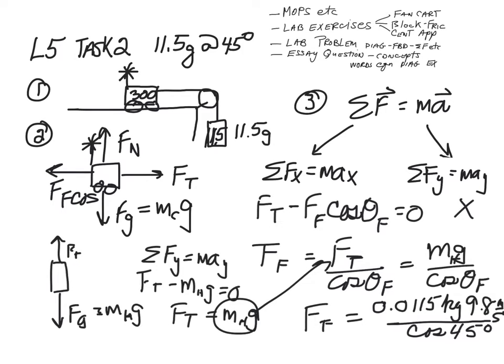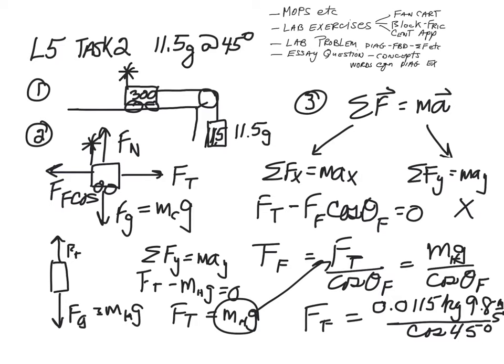It's getting a little messy, but the mass is 11.5 grams, so it has to go in as 0.0115 kilograms, times the 9.8 meters per second squared. Notice I'm writing the units. If you don't write the units, I'll complain. And that's all divided by the cosine of theta. And so the final step will just be to process those numbers, and you're finished.